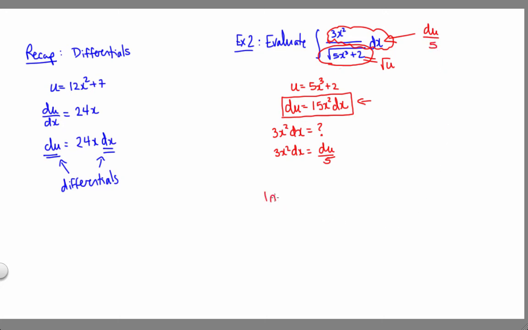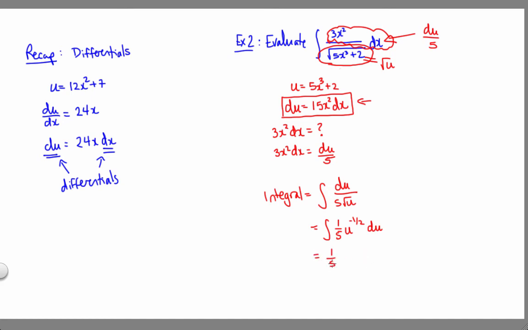So now we can say the original integral in the question is equal to the integral of du over 5 root u. Let's write that a little bit more nicely as the integral of 1/5 u to the minus 1/2 du, and then we can do our usual integration.